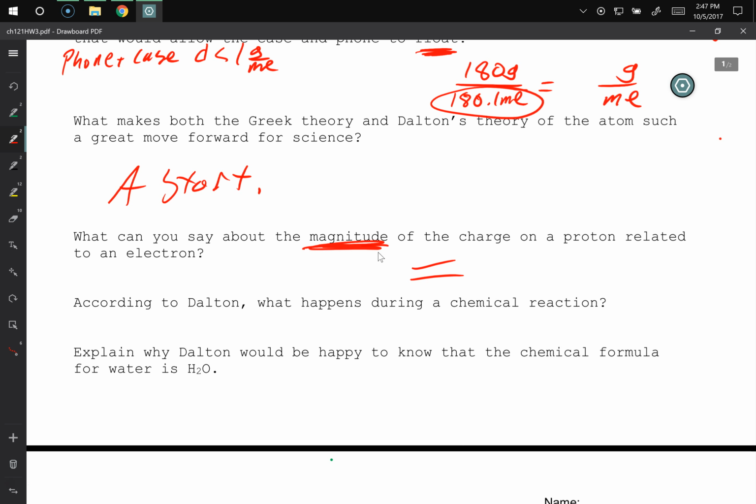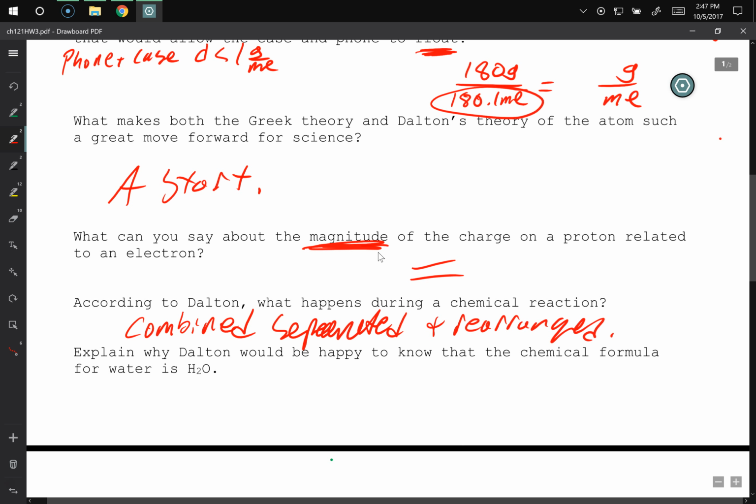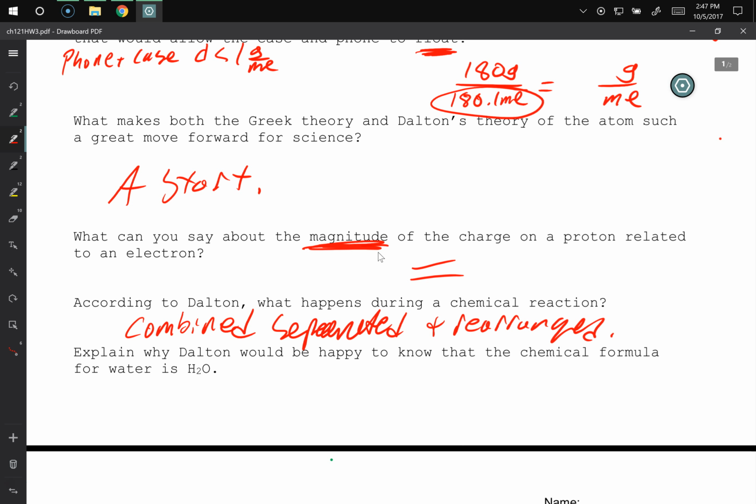Okay, this next one: according to Dalton, what happens during a chemical reaction? Atoms are rearranged. So all I'm doing is taking atoms that are composing a particular substance, disassembling that substance and putting it back together in a different configuration for those atoms.